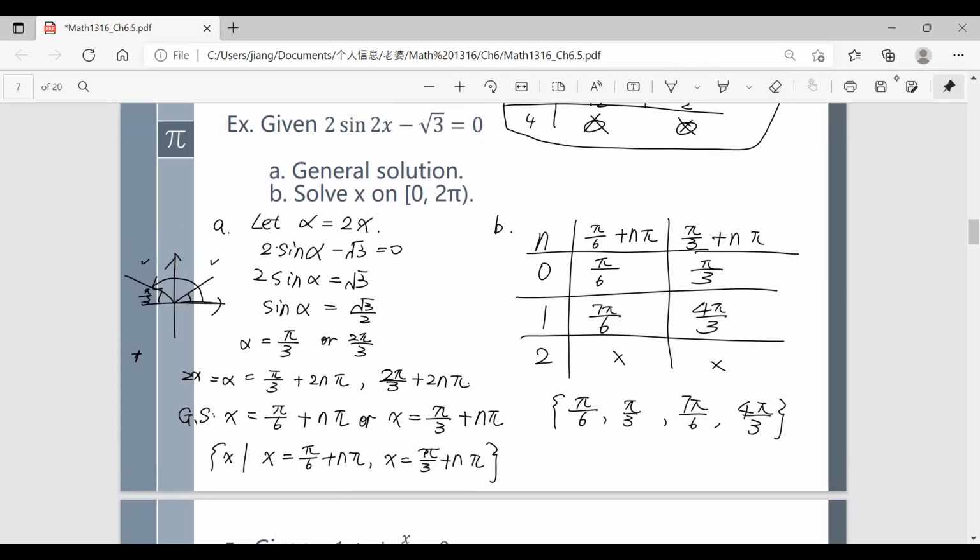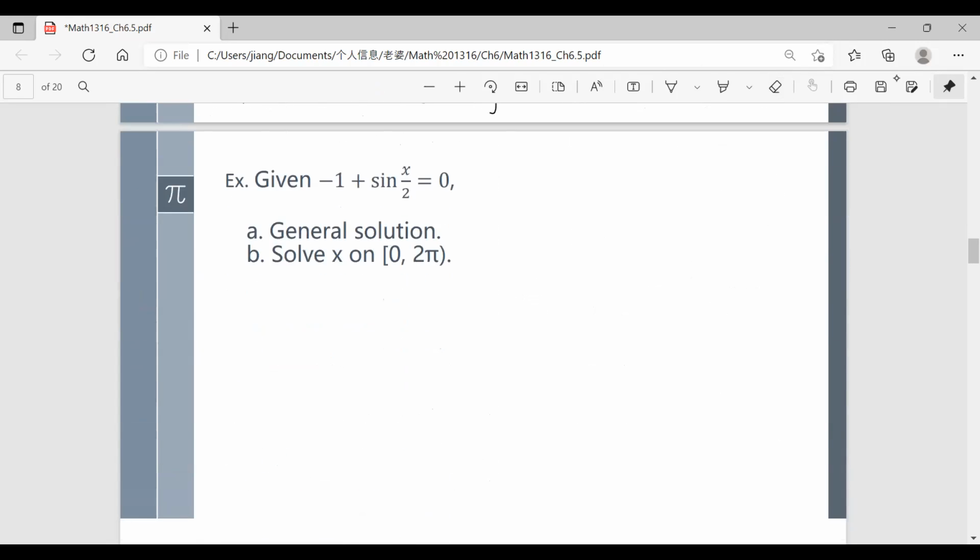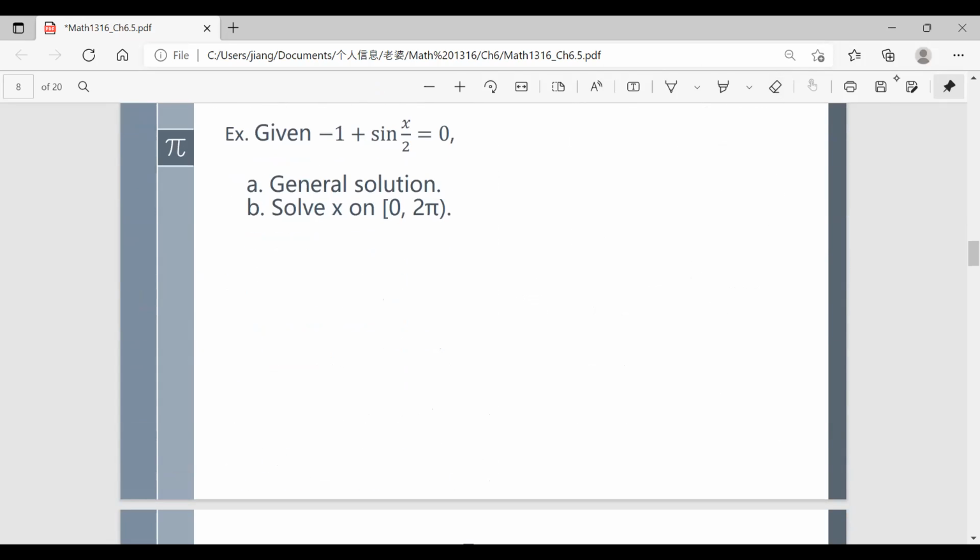Okay. This one is given -1 plus sine x over 2 equals 0. So in this question, the sine is not of x, it's of x over 2. Let's see how to solve this one. Number A, the general solution.